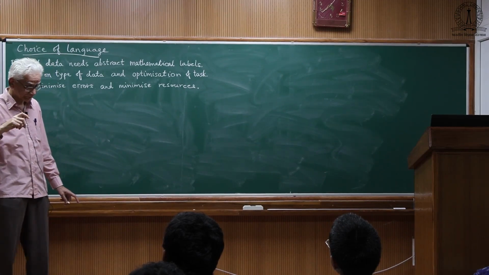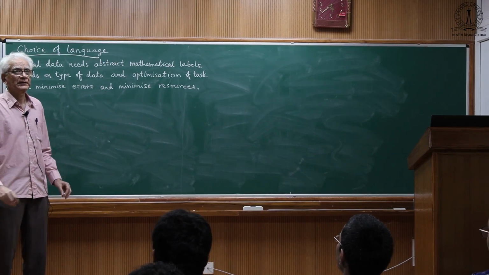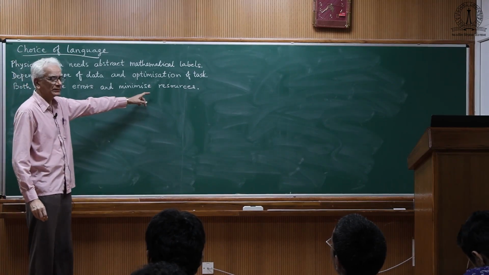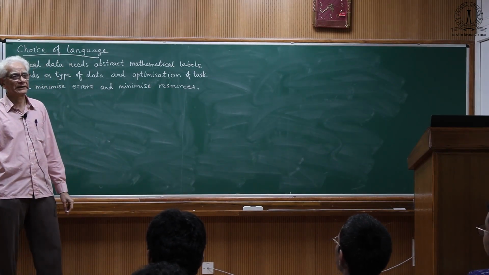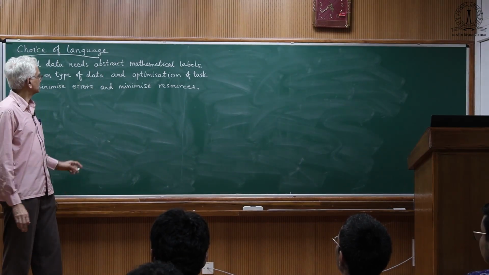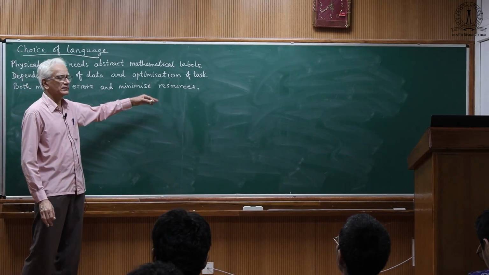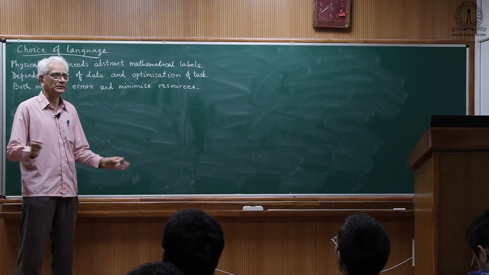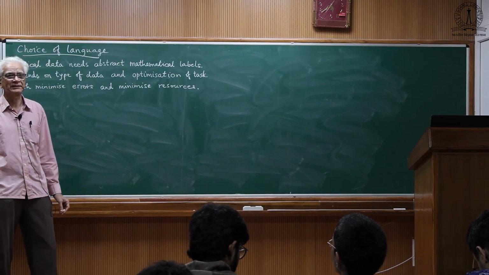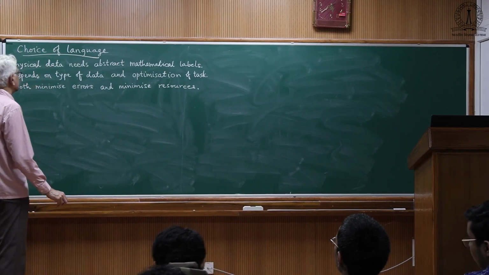This is a kind of trade-off. Not necessarily the best you can do over here, you may not be able to do that well over there. I also gave examples in the last lecture: if you try to minimize error, you add all kinds of redundancies, and that requires more resources. Or if you want to cut down on resources, you have to remove all the redundancies, and then the error probability goes up. So that's a trade-off.